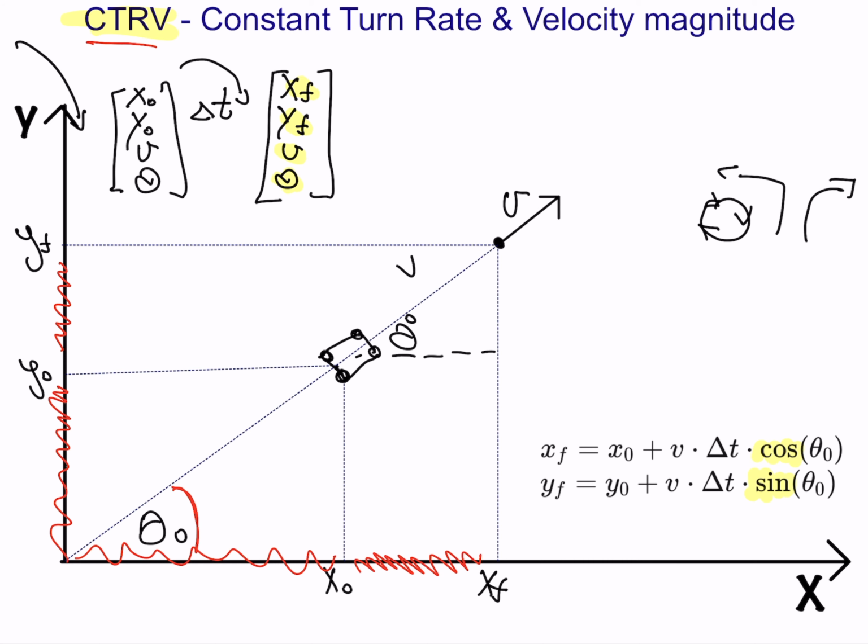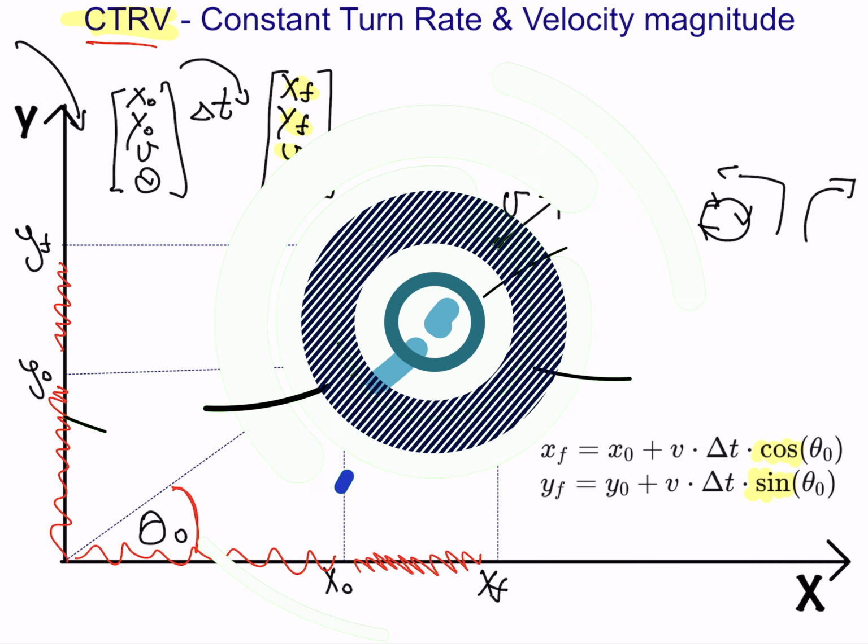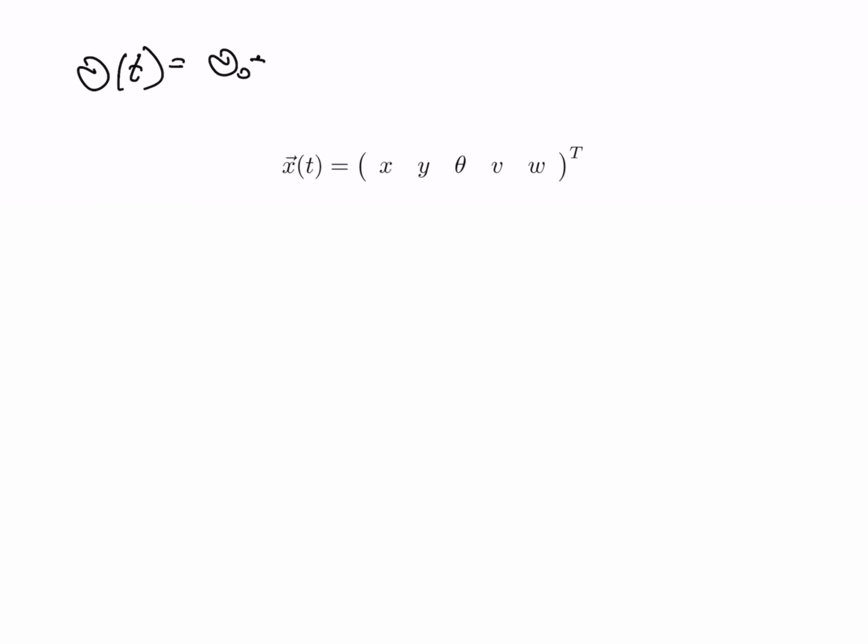It means that the orientation is not constant, but its derivative is. In other words, we can write the orientation as function of t like so. Theta of t, or theta final, equals theta 0 plus omega, the angular velocity, the turn rate, times delta t.